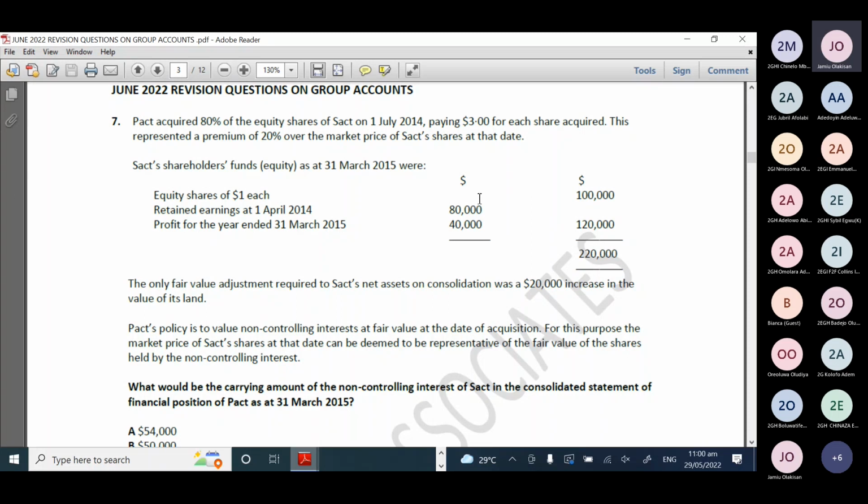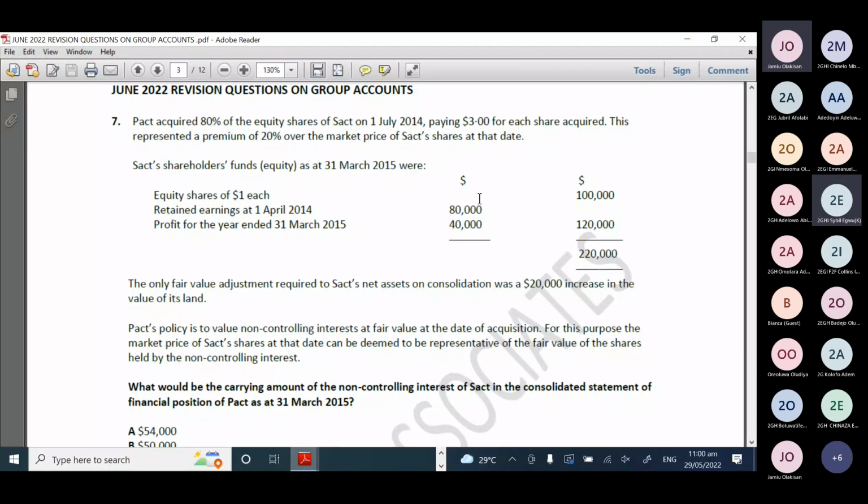What Pact, the parent, paid to acquire its own share was $3. Is that not what that first statement is saying? Yes, it paid $3. But does that mean the market price of the subsidiary share was $3? No.